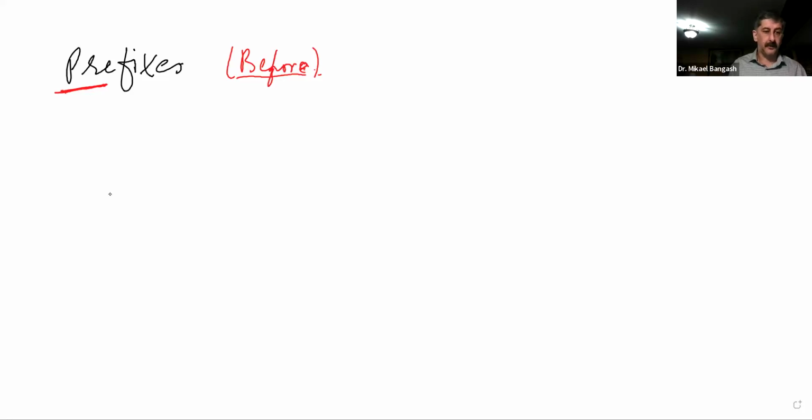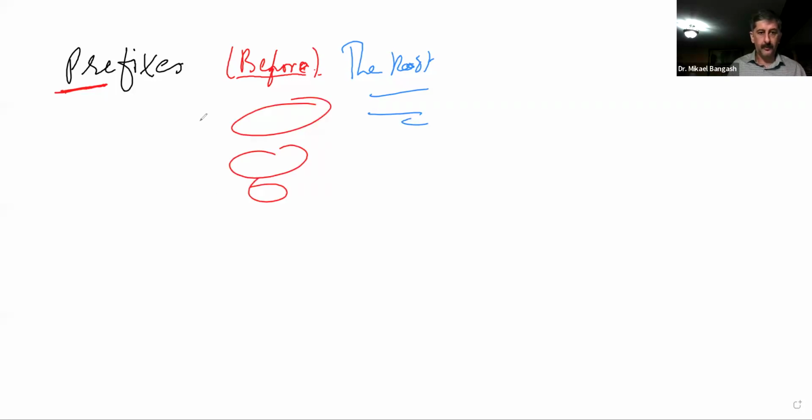Before what? The root word. So if we have a root word here, anything that comes before the root word is going to be a prefix. Did that make sense?